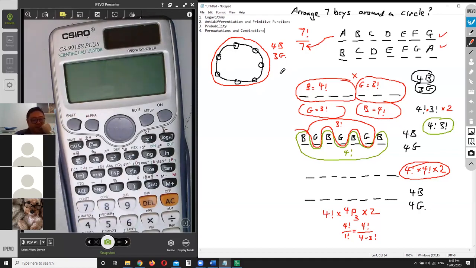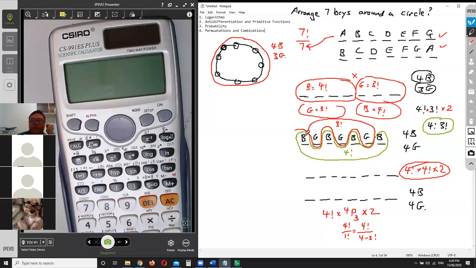They're alternating. Oh, the answer is you can't. Yeah, I was really confused there. The answer is you can't because you'll end up with 2 boys.